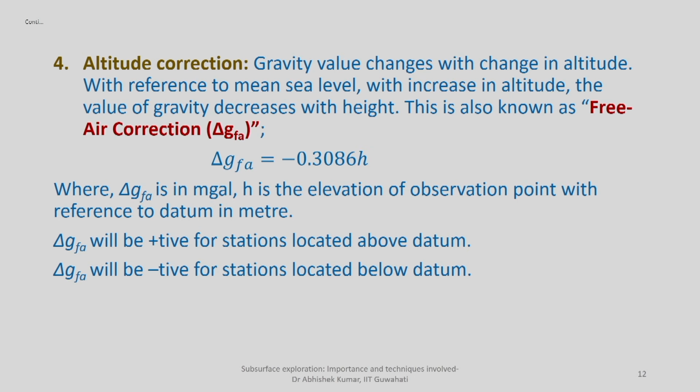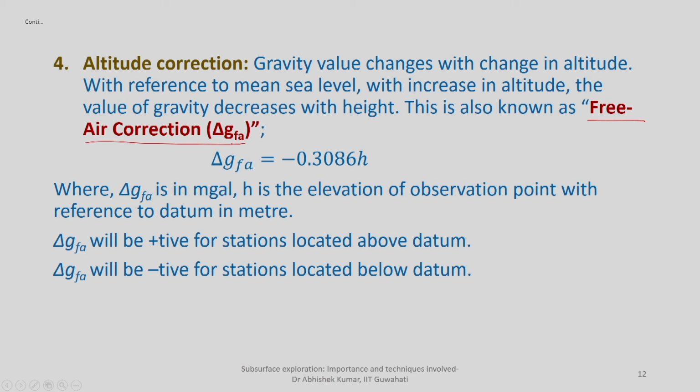Next one is altitude correction. As I mentioned, because of the increase in the distance between the center of the earth and your observation point with the change in elevation, particularly an increase in altitude, the gravitational pull is going to reduce. So, the gravity value changes with the altitude of the observation point. If there is an increase in altitude, there will be a decrease in the gravity value. This altitude correction is also called free air correction, delta g FA.